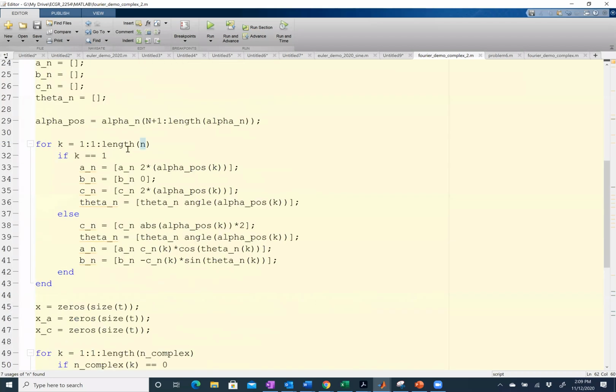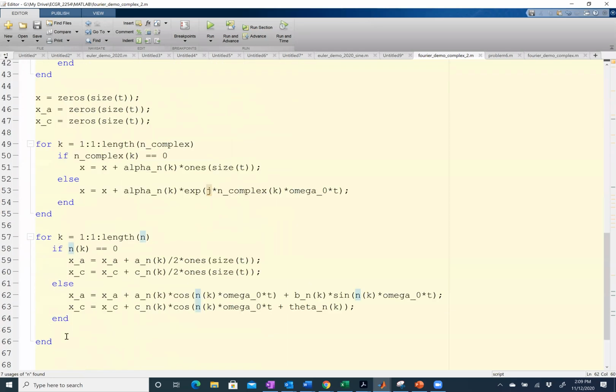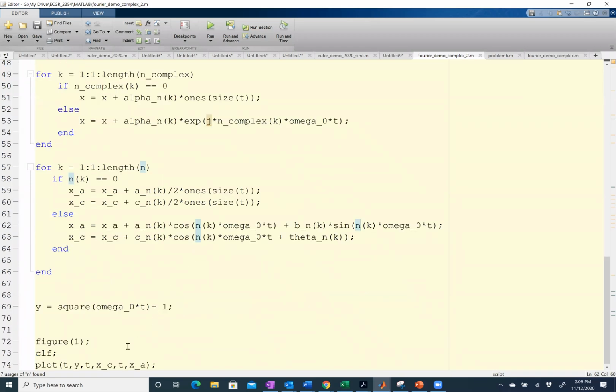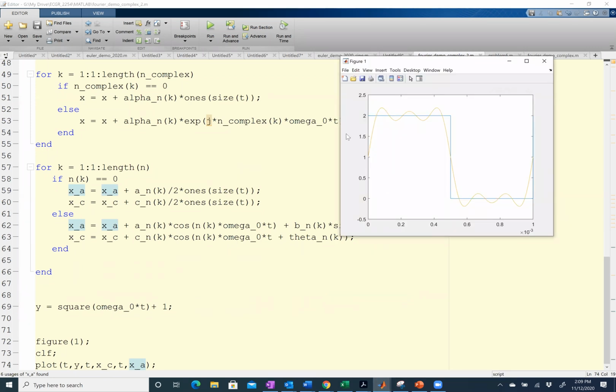So basically I'm doing the same thing. I'm creating my A and B vectors and C vectors and theta vectors. And then I'm going through the for loop to make the same plot. One good check is that if I've done my math right, all 3 of them better be the same, and they are. So all 3 of them are sitting on top of each other.